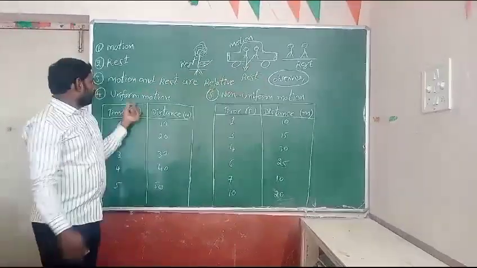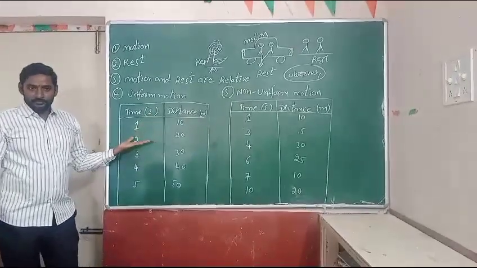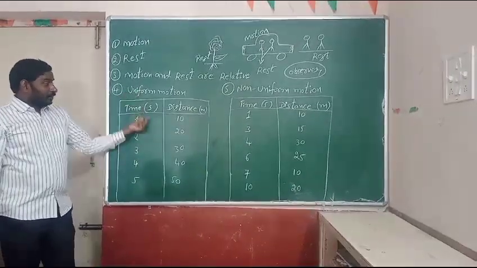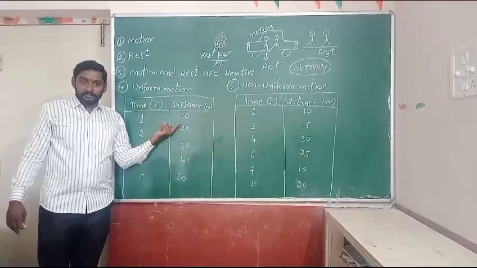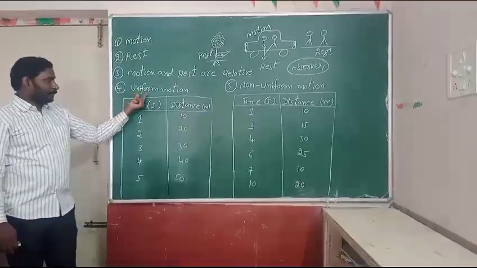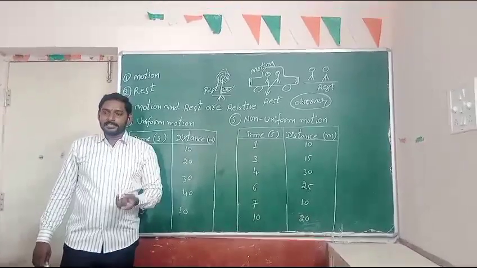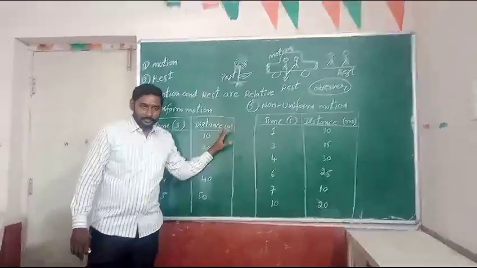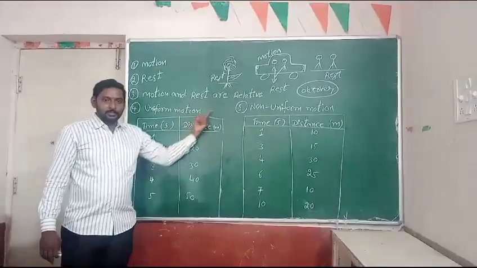And the next one, uniform motion. So what is uniform motion? How can we decide that an object has uniform motion? When an object covers or travels equal distances in equal intervals of time, then you can say the object is in uniform motion.